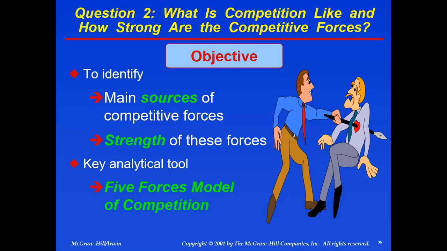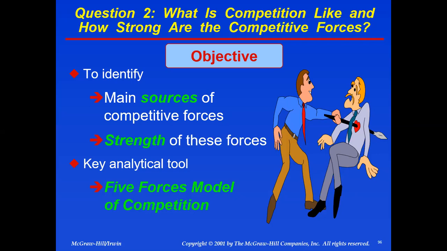The second question, which Thompson and Strickland have sorted out to formulate a strategy, is about the five-force model of competition, which is commonly known as Porter's Five Forces. We have already discussed these forces in our previous discussions related to external audit.